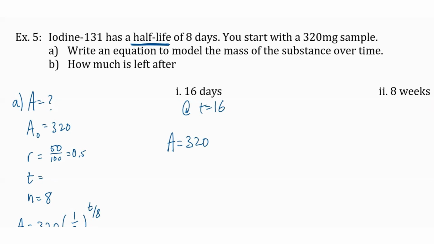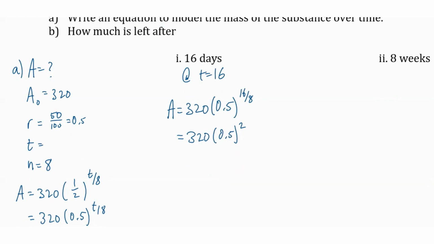Because it'll be 16 over 8, which is 320 times 0.5 to the 2. 16 divided by 8 is 2, so to the 2. So 2 half-lives. That means I take 320 and cut it in half once, which would be 160. Cut it in half again, which should give me 80. And when I punch it into my calculator, sure enough, that's what it's going to give me, 0.5 squared, and it gives you 80.